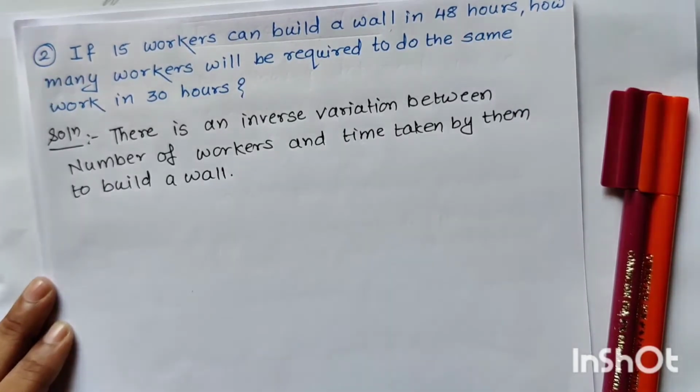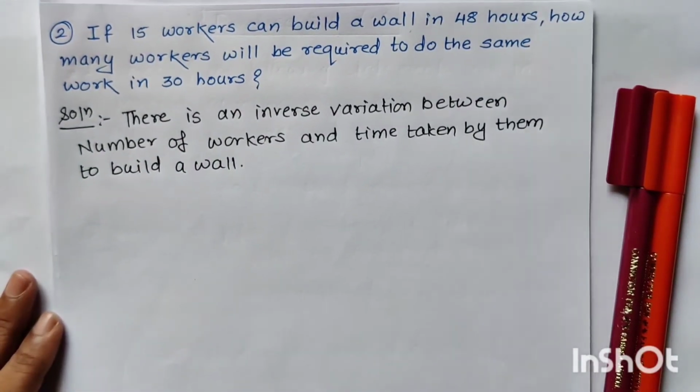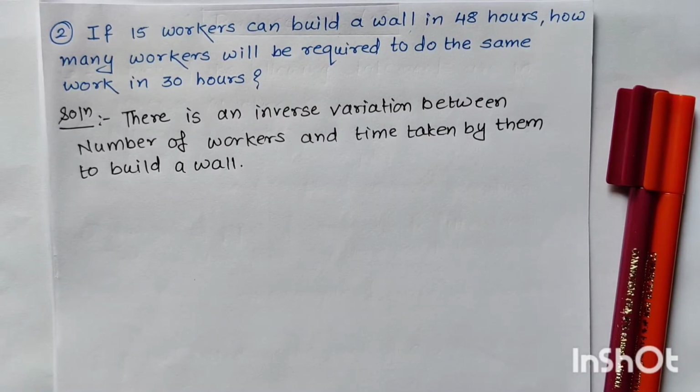Now see, the variables are not given to denote the number of workers and the time taken. So we have to take the variables on our own. You can take any variable to denote the number of workers.